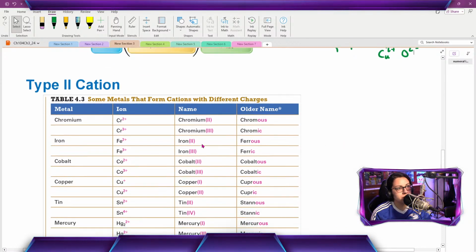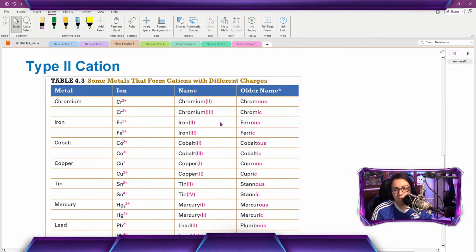And what's nice, if you compare this, the reason I'm showing this is so you see how the older naming convention is, and just in case you see a chemical or a textbook using these older names, you know what it's referring to.